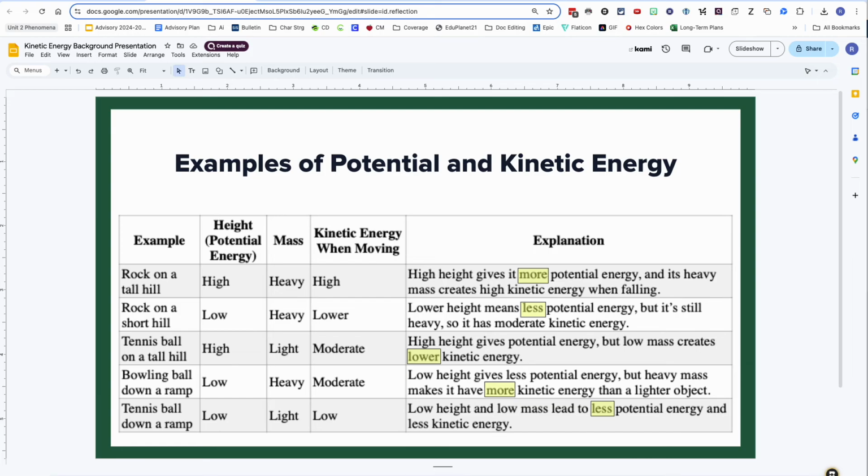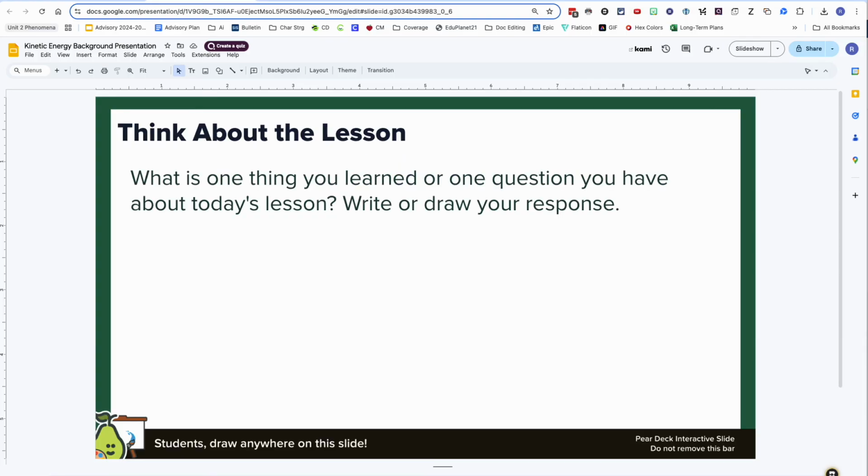It has a lot of mass because it's a bowling ball, and it has a moderate amount of kinetic energy when moving. The low height gives less potential energy, but its heavy mass makes it have more kinetic energy than a lighter object. Finally, a tennis ball rolling down a ramp has a low amount of potential energy because the ramp isn't very high, has a light mass, and it has a low amount of kinetic energy. Low height and low mass lead to less potential energy and less kinetic energy.